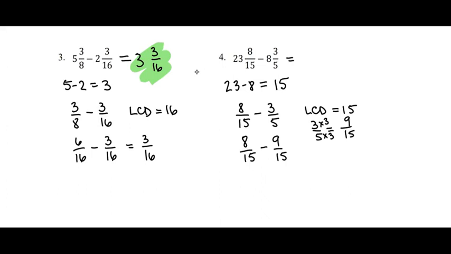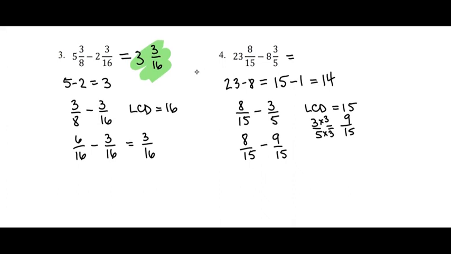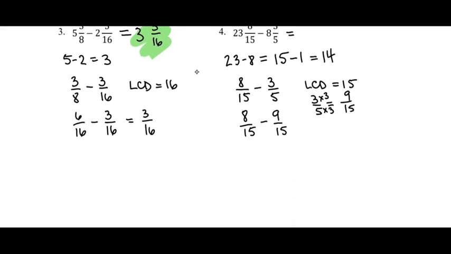Okay? So that means that we need to go and borrow one more digit from the whole part. Okay? So I'm going to take 1 from 15. So my whole part is now 14. And that 1 is going to be that 1.